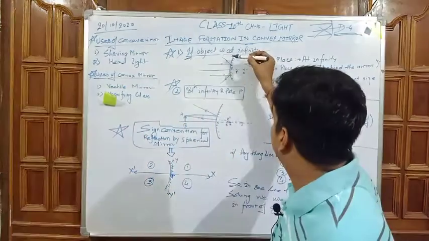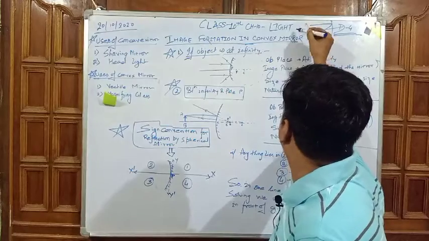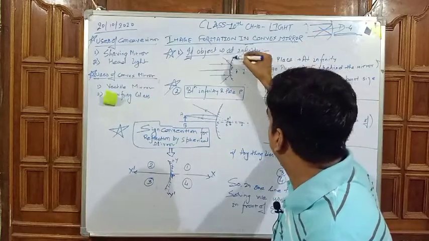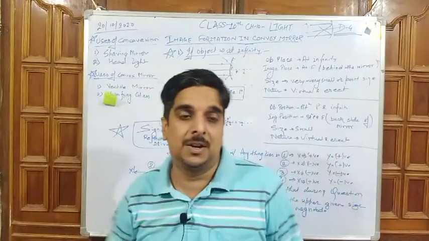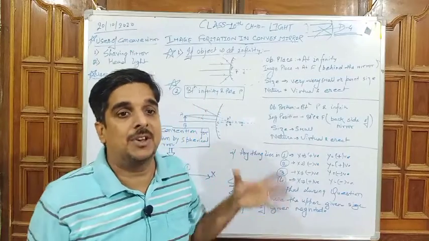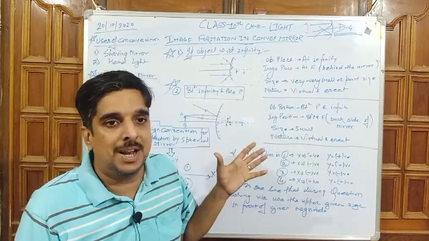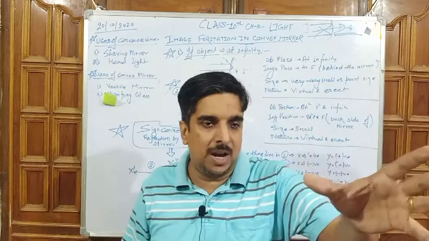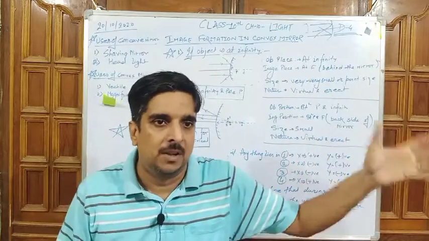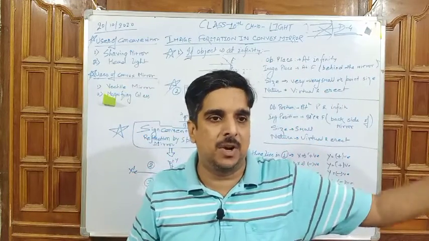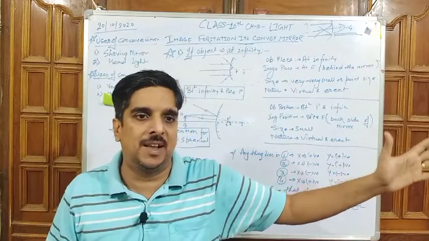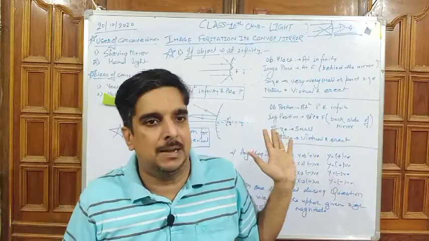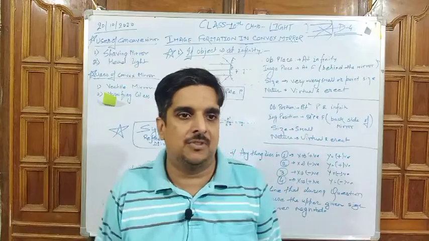Simple concept: concave is like that, convex definitely carries a large area. Sometimes, if any student's guardian is in a defense job, you can easily see that in front of the gate of defense premises a convex mirror is there to capture the large area.